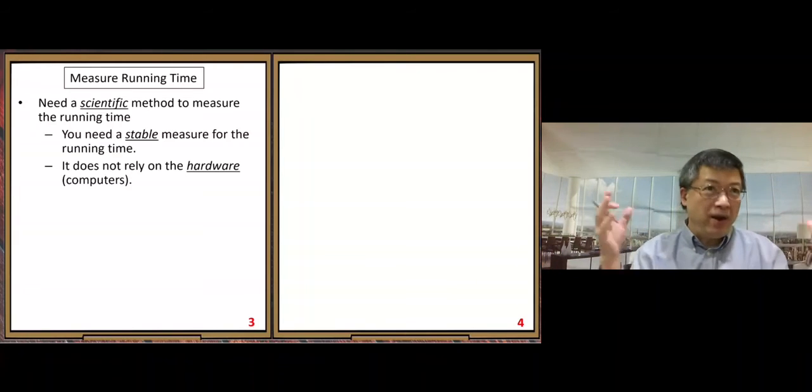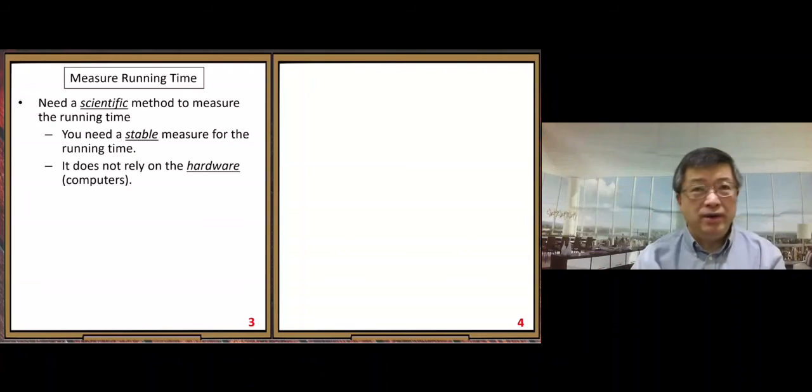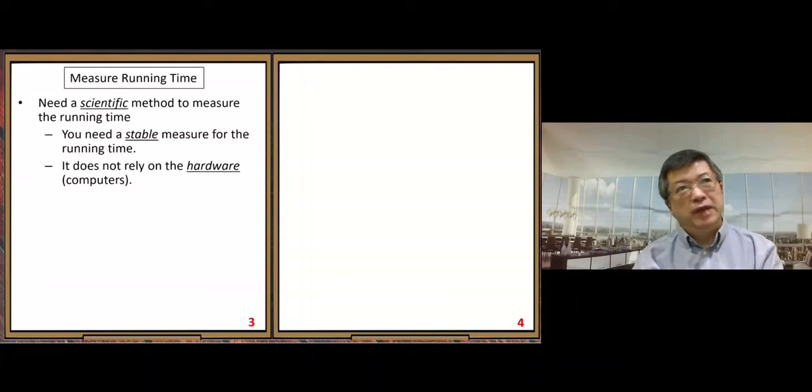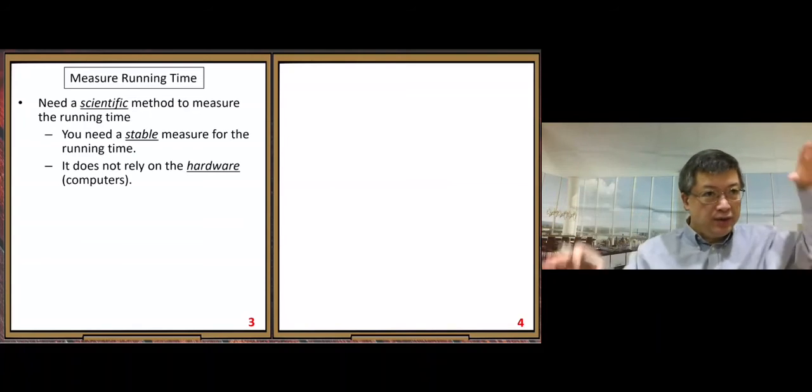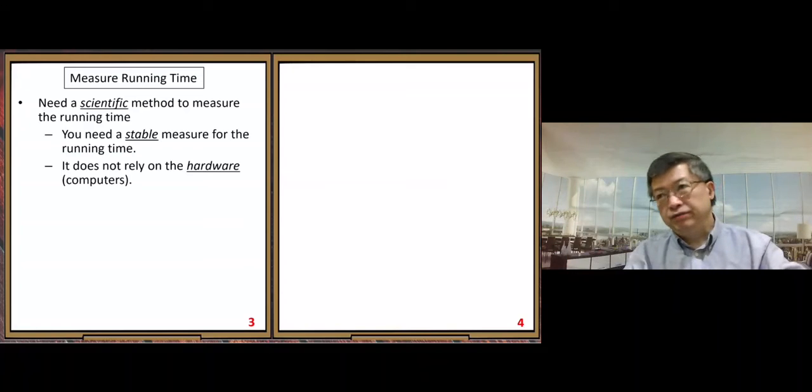How can you compare which one is better? So that's not good. So we need some special measure that does not rely on whether your computer is powerful or not. Nothing to do with it.